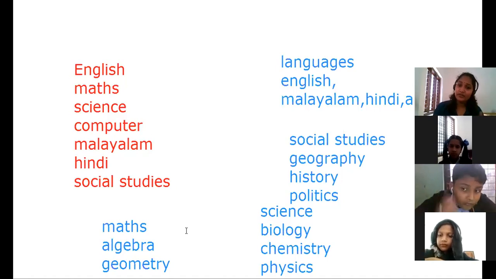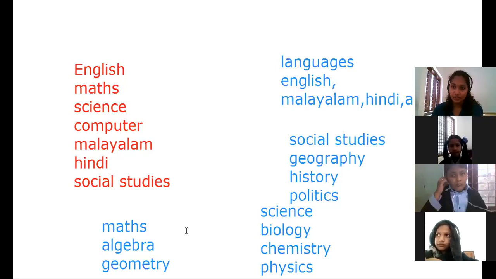Science has subcategories biology, chemistry, and physics. Mathematics has algebra and geometry. This is what I said, and this is what I'm going to represent graphically, not geographically.